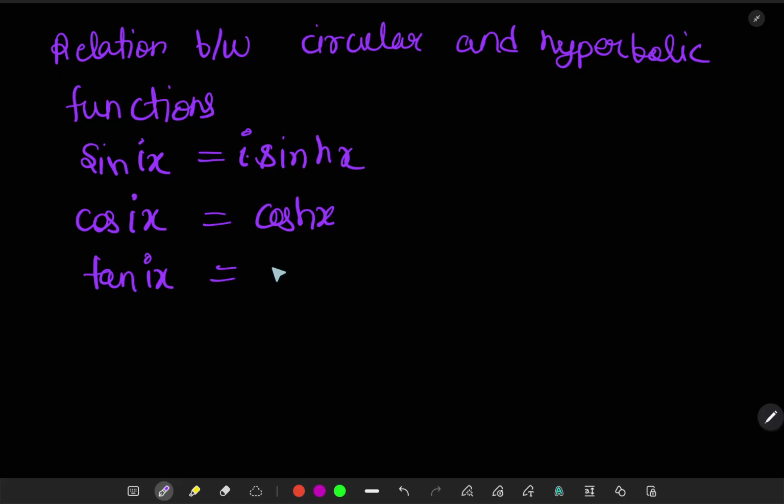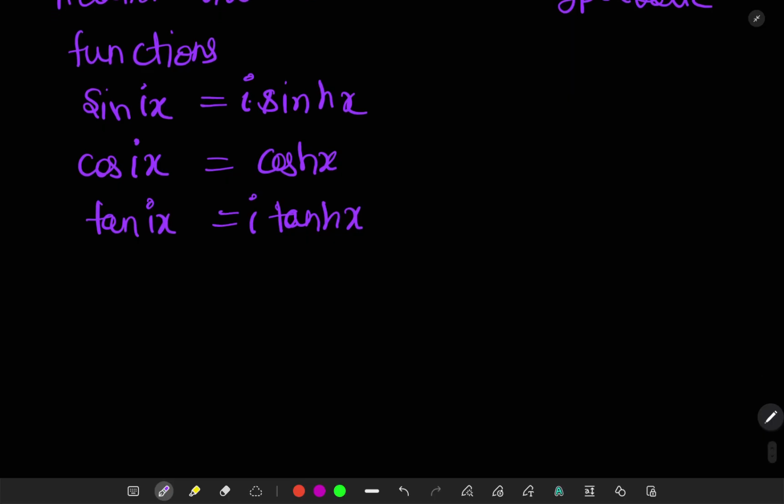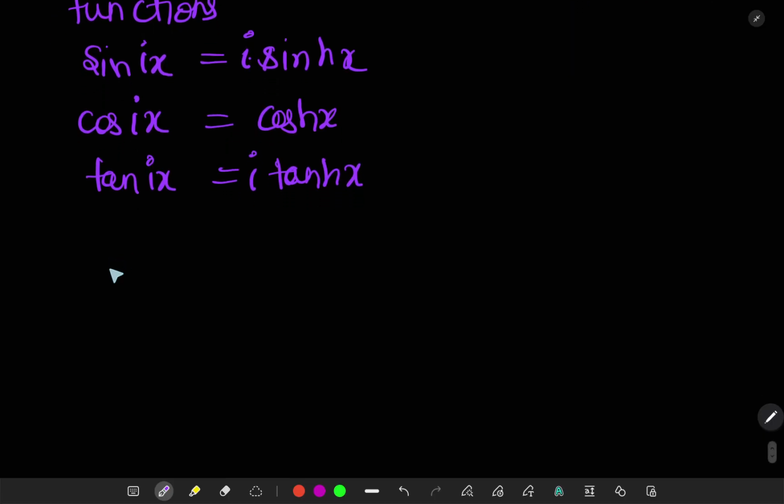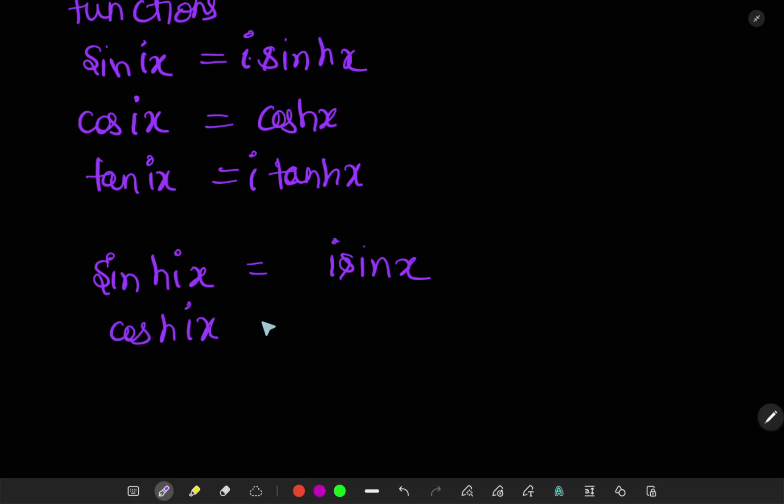Tan iota x equals iota tan hyperbolic x. Sin hyperbolic iota x equals iota sin x. Cos hyperbolic iota x is equal to cos x. Tan hyperbolic iota x equals iota tan x.